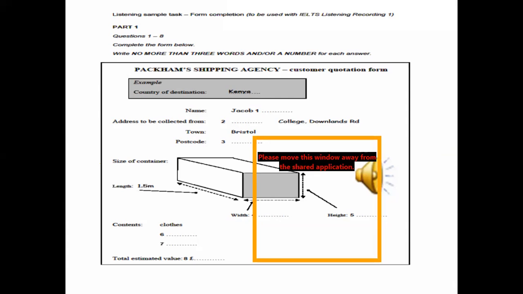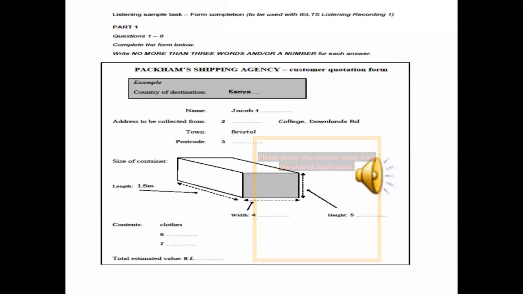Yes, friends. Number 1, Jacob Mkere. And then the second one, Westall College. So when you're writing these two words, the first letter should be capital. And the next one is BS8 9PU. Correct.